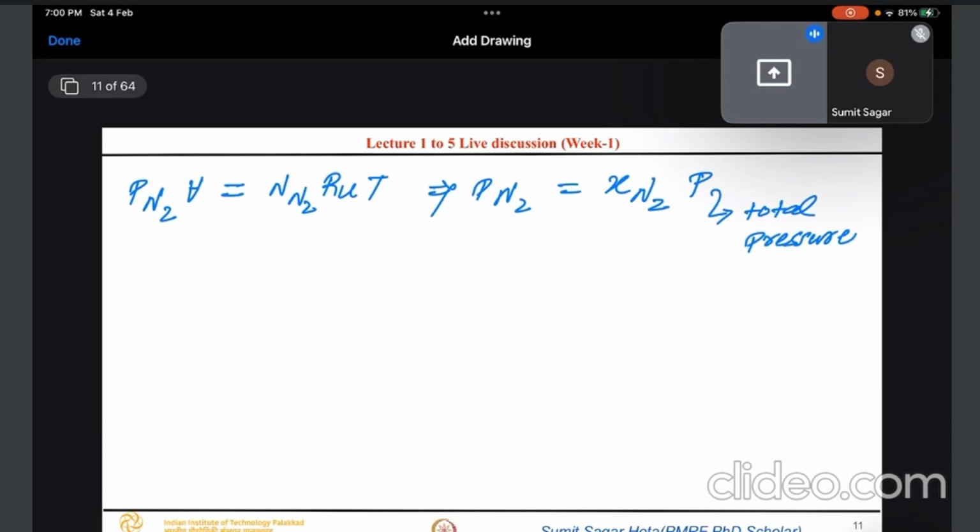Now, directly write down what we need, that is N of N2 divided by volume.